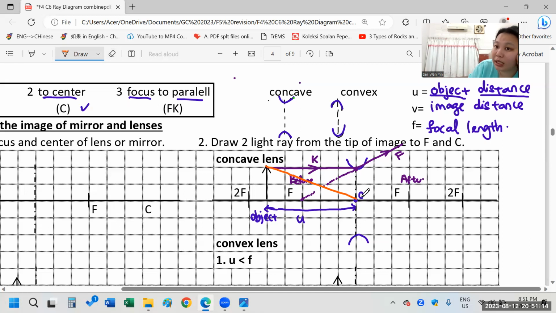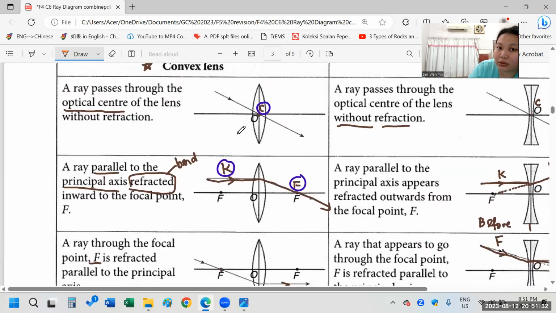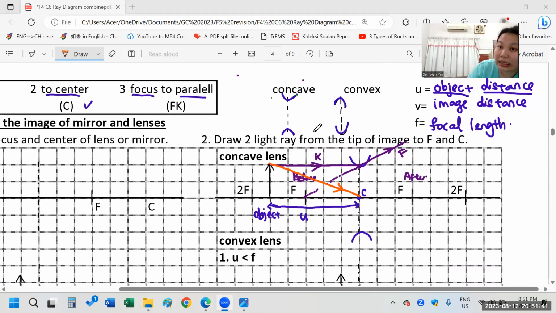Then what will happen next? When the light passes through C, please draw an arrow. When the light passes through C, what will happen next? Yeah, it just follows through, just goes down. It doesn't bend, it doesn't reflect, it doesn't refract.